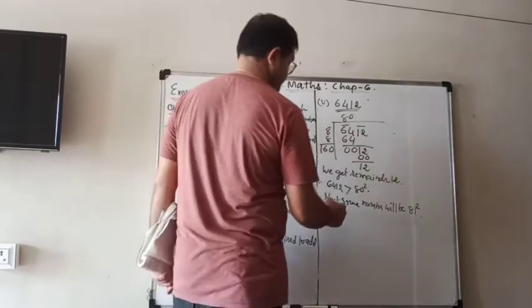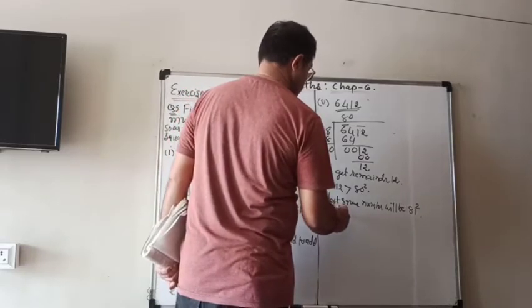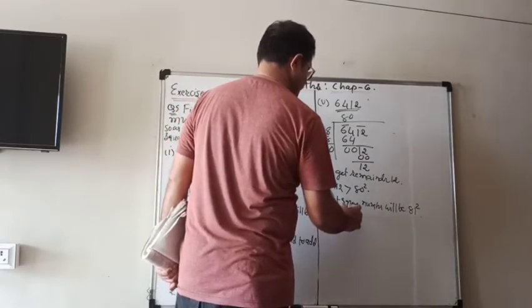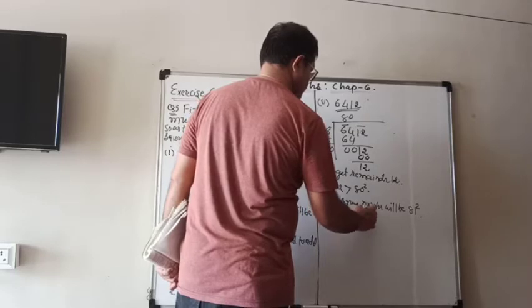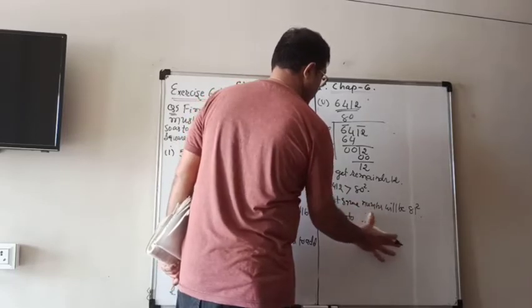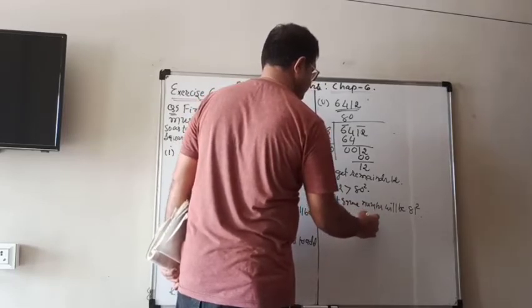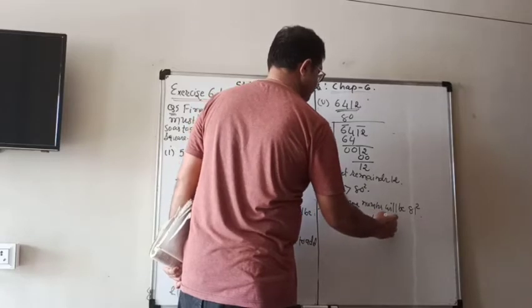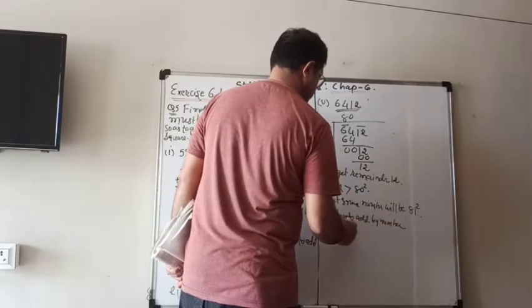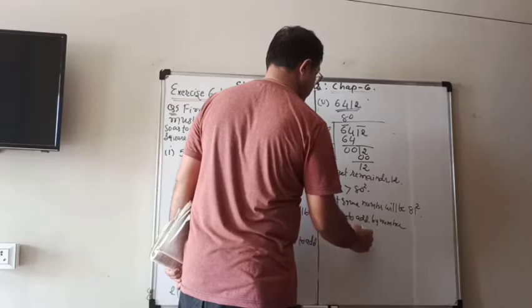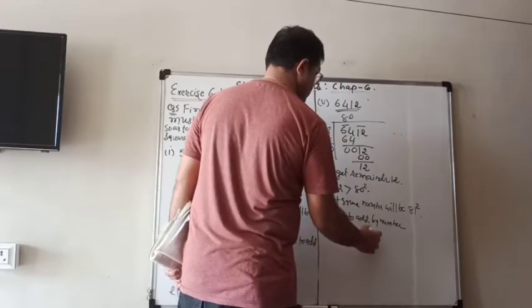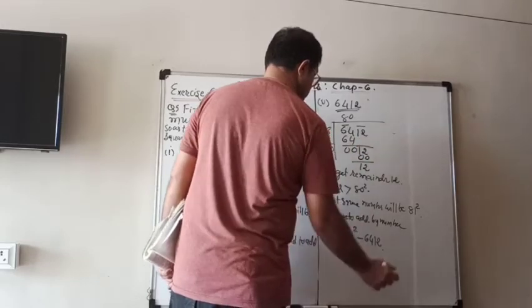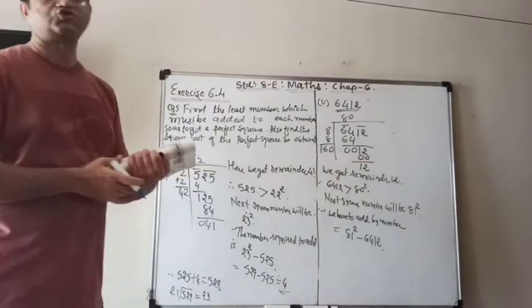And therefore we have to add. My number is equal to 81 square minus 6412.